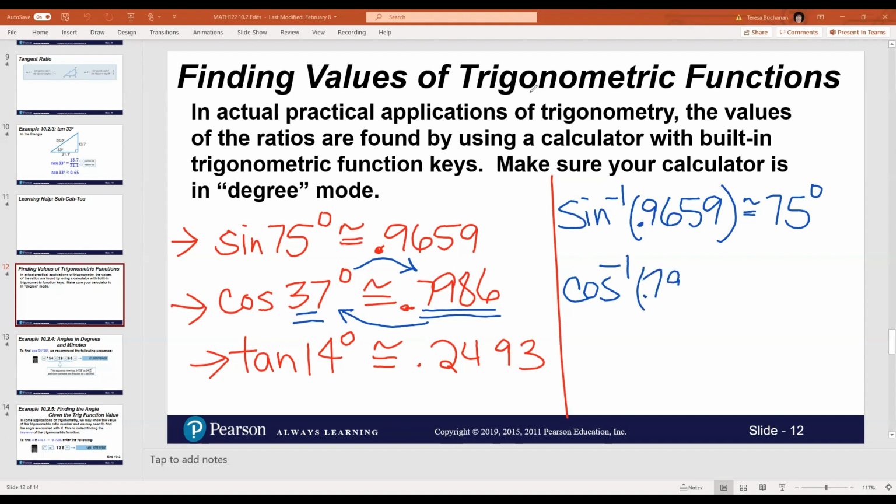So again here, cosine inverse of 0.7986. You should be doing this in your calculators. Cosine inverse of 0.7986. You should be seeing, calculator says it's 37 degrees.